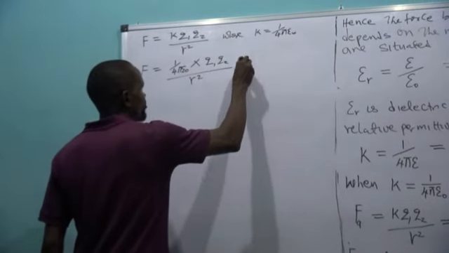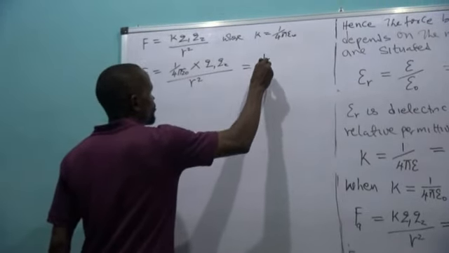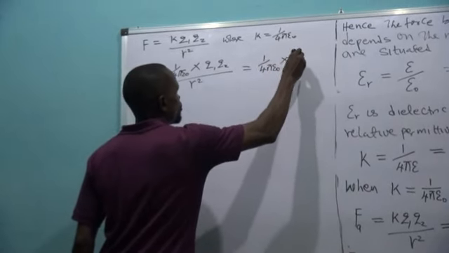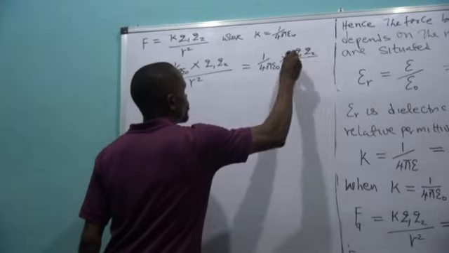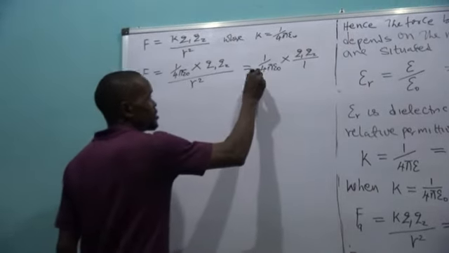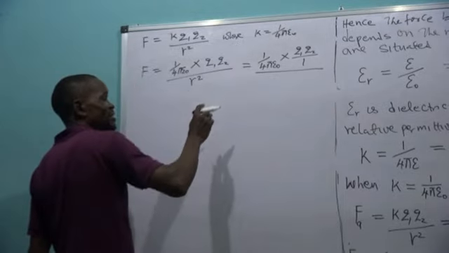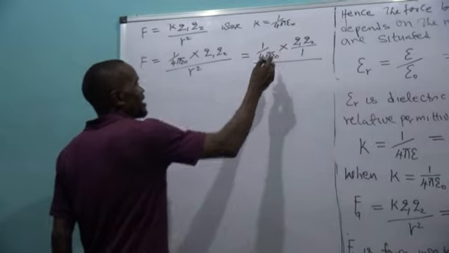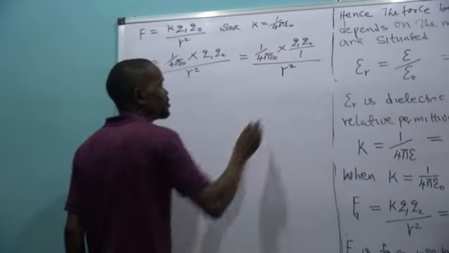This gives 1 over 4 pi epsilon o times Q1 Q2 all over 1. You remember what we said, that any term we write is divided by 1, as we learned in math.